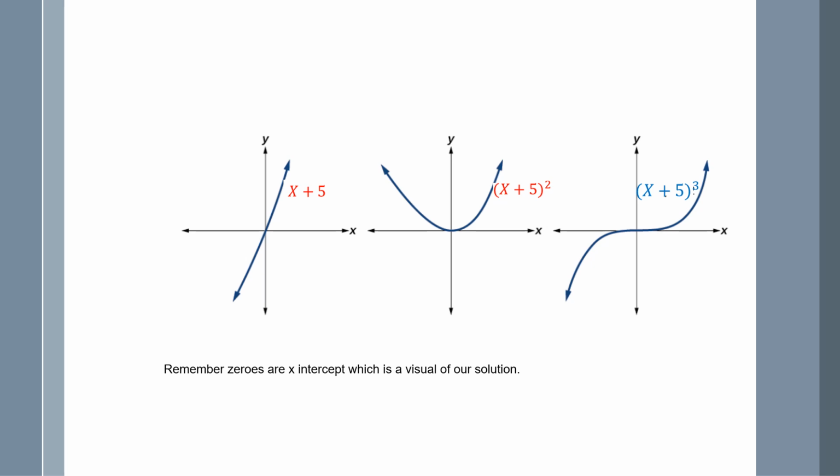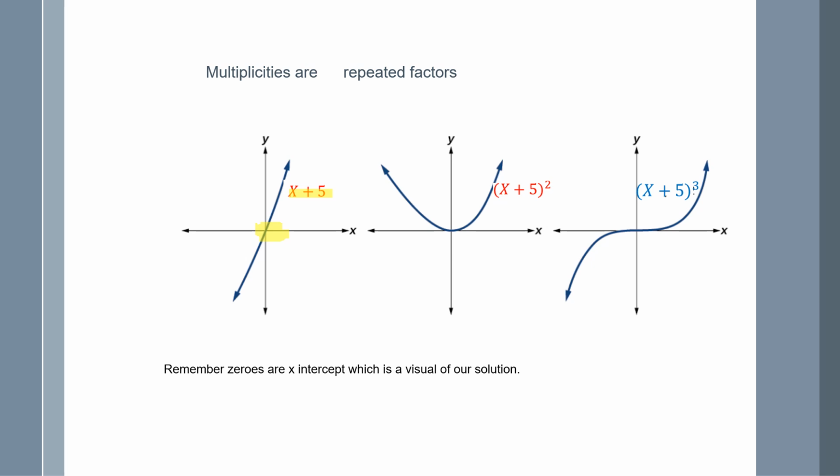So again, multiplicities, as we have noticed, are repeated factors, not zeros, but repeated factors. If it's one factor, it's going to cut through the x-intercept.